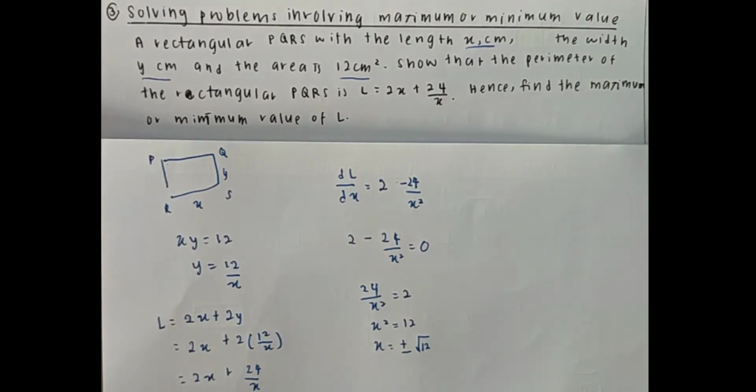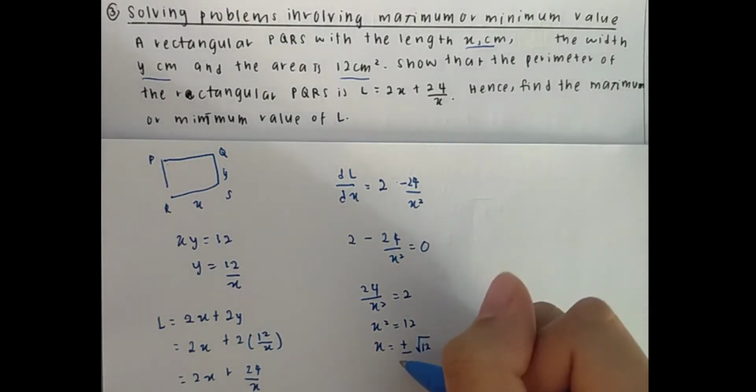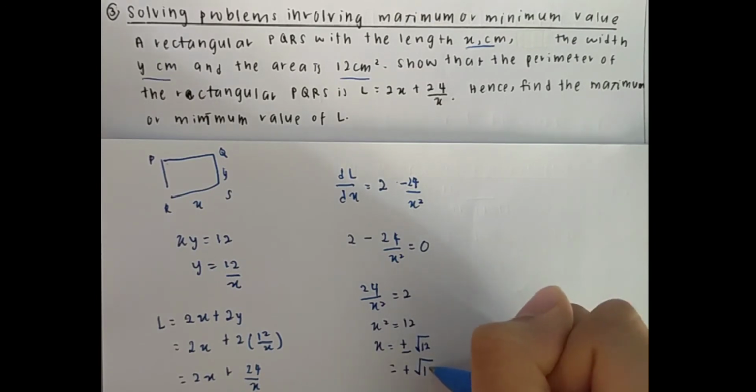However, we can discard the negative value because this involves length and area. So there is only one x, which is positive square root 12.